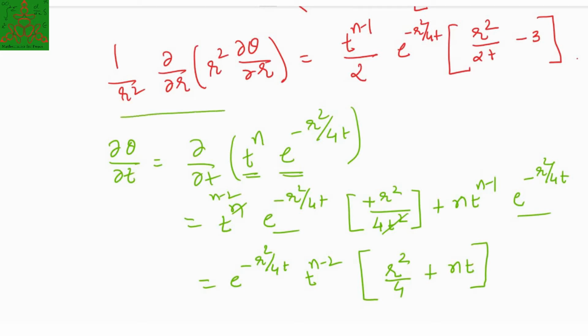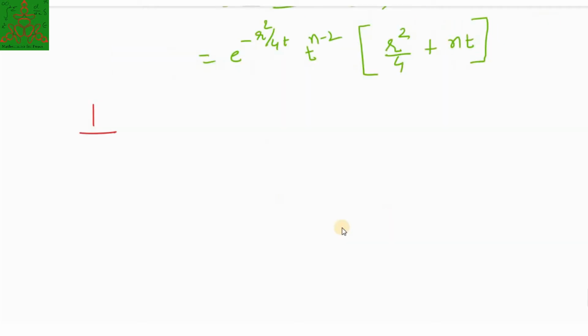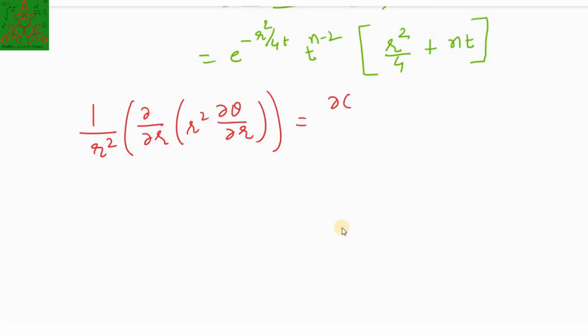Now the question given is that these two quantities are the same, so I am just writing those two quantities. So given was r square del by del r of r square del theta by del r equal to del theta by del t. This is given to you. What is del theta by del t that we have written here? Let us write that down.